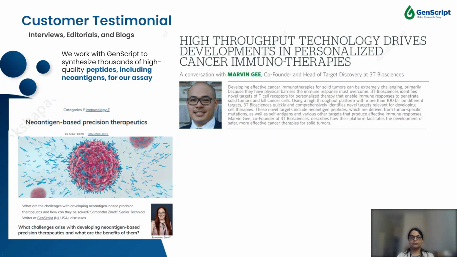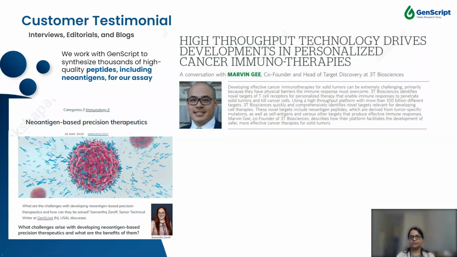Here are some customers who already use different kinds of our services. One of them is 3T Biosciences, which has collaborated with GenScript since 2017, producing thousands of peptides aiming to understand how T cell receptors recognize their targets. With this information, they can better identify new targets in solid tumors and create safe and efficient T cell therapy.